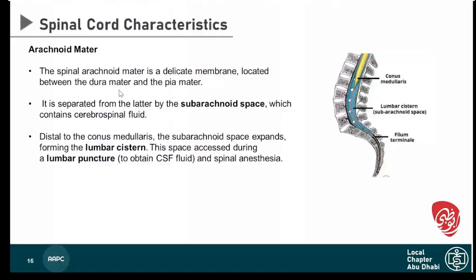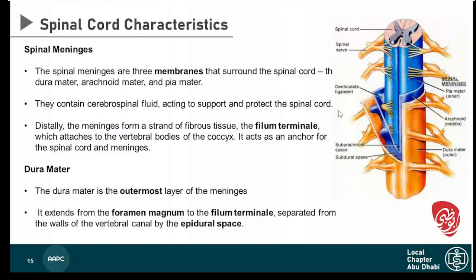Okay, it is separated from the pia mater by a space called the subarachnoid space. That means between the arachnoid mater and the innermost layer, the pia mater, there is a space called the subarachnoid space. Okay.